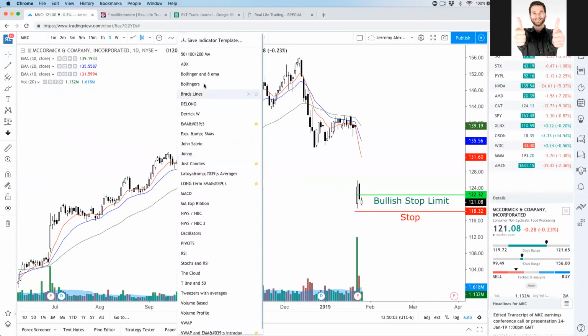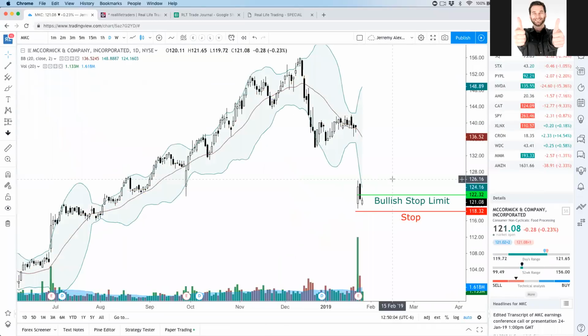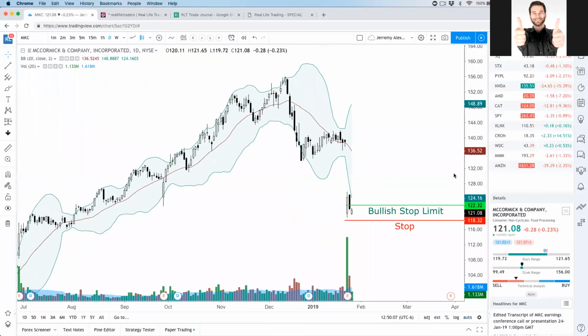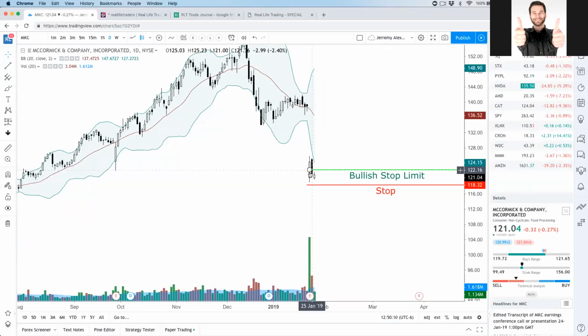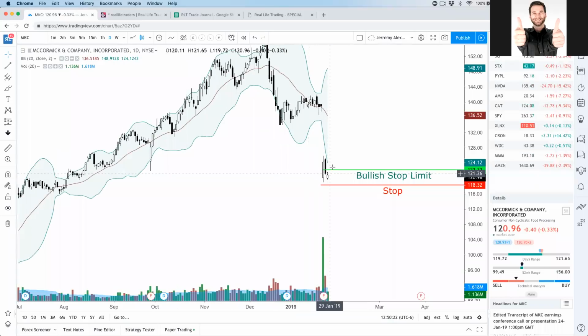What's interesting about these Bollingers is this is a dividend blue chip stock, and you had a gap down and it closed with a white candle outside the bottom band. That's a pretty strong signal. Usually when that happens, you're going to get a fade back up into the Bollinger at some juncture.